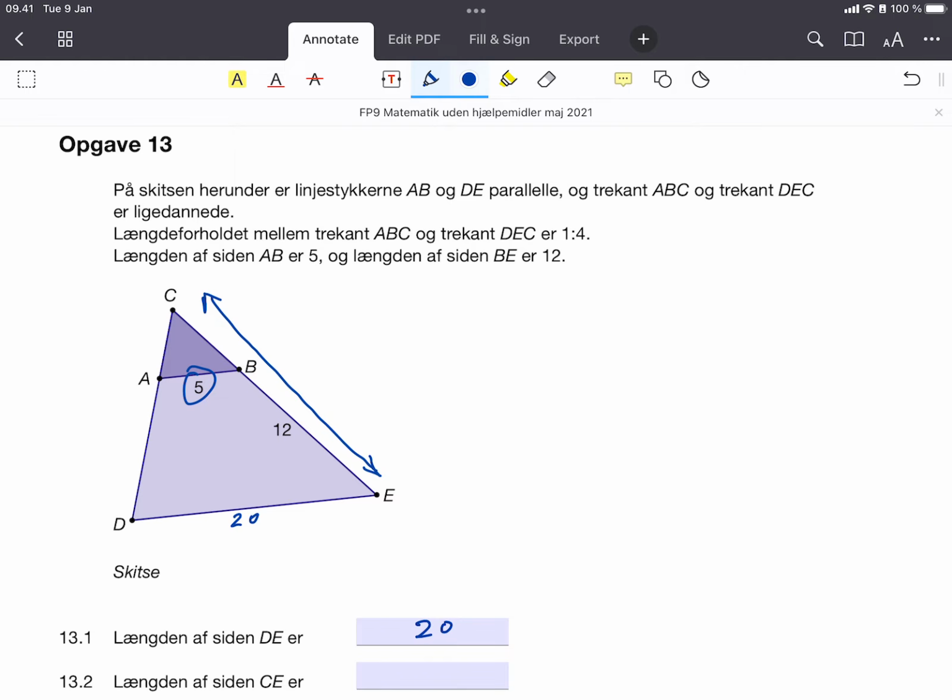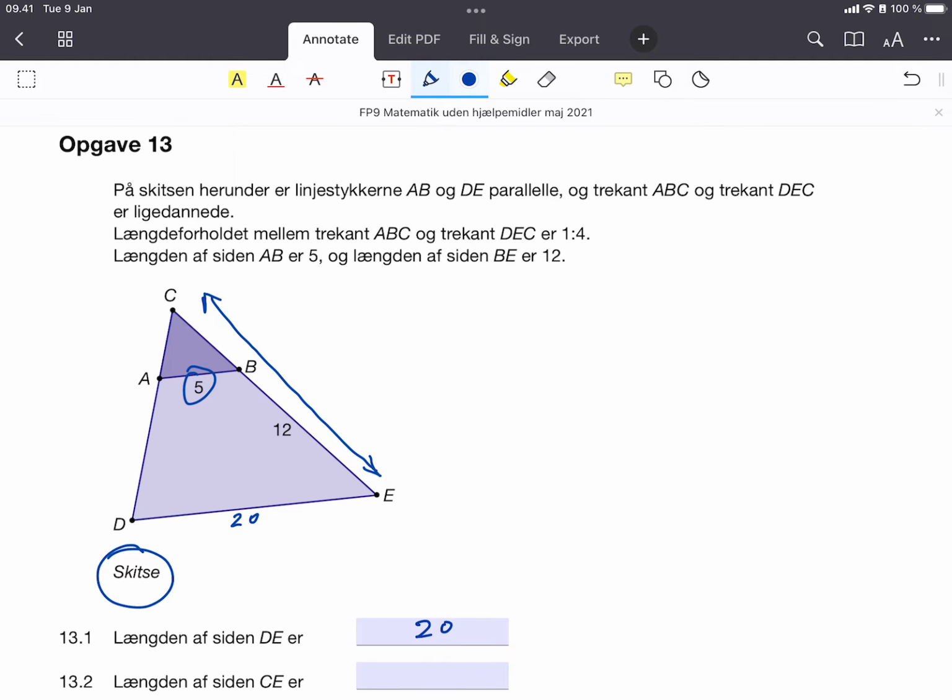I mean, it doesn't look like it's 4 times as big, but this is, after all, just a sketch. If this was an English exam, it would say diagrams are not drawn to scale. They always do wonky diagrams in exams so that you don't get the answer just by measuring it.